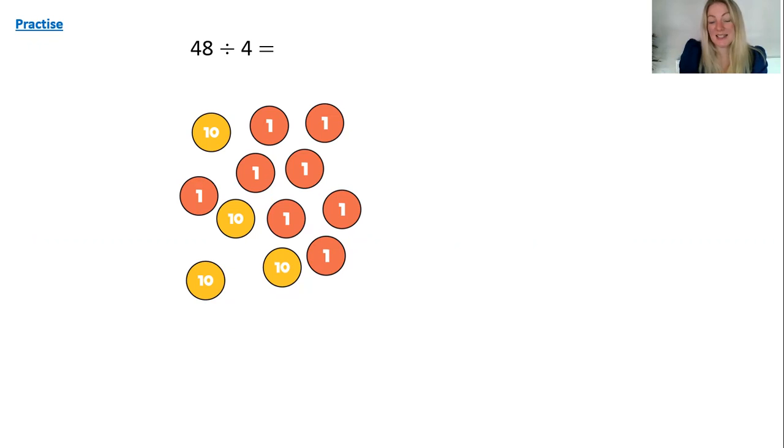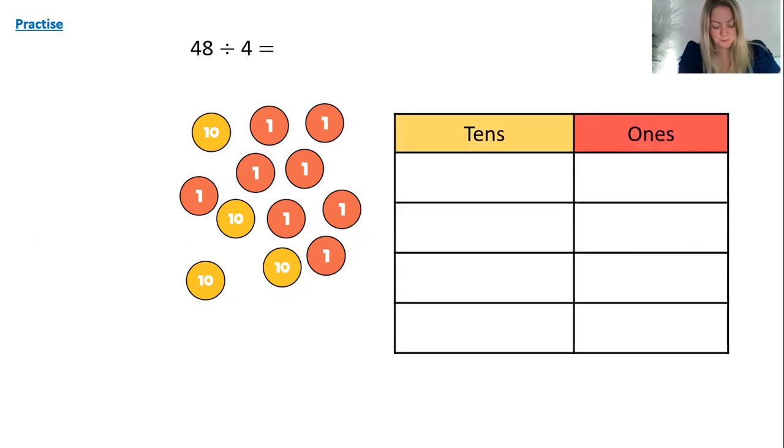Okay, for today's lesson, we are going to recap some of the division methods that we have used in our previous lessons. Here we have 48 divided by 4. We can divide 48 into 4 equal groups using a place value grid. Here's our place value grid with our 4 parts.